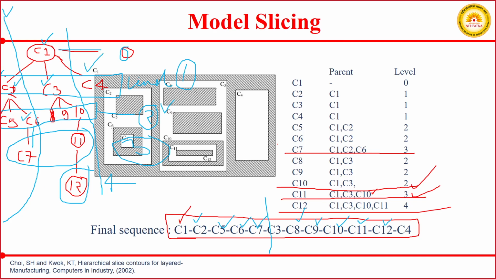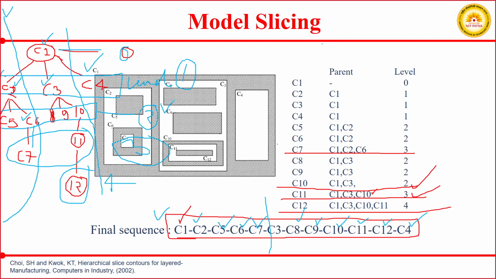Then it comes to third contour, that is C4. This way we need to sequence these contours in this particular final sequence. Okay, so the final sequence is already written here.